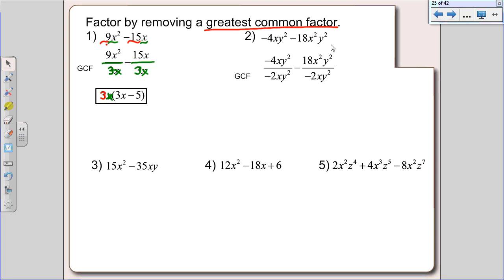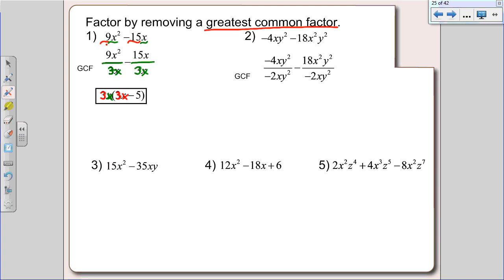So, if I was to take 9x squared and divide it by 3x, 9 divided by 3 would equal 3. That's where that 3 came from. X squared divided by x would give me x. You subtract the exponents. So that's where that 3x comes from.